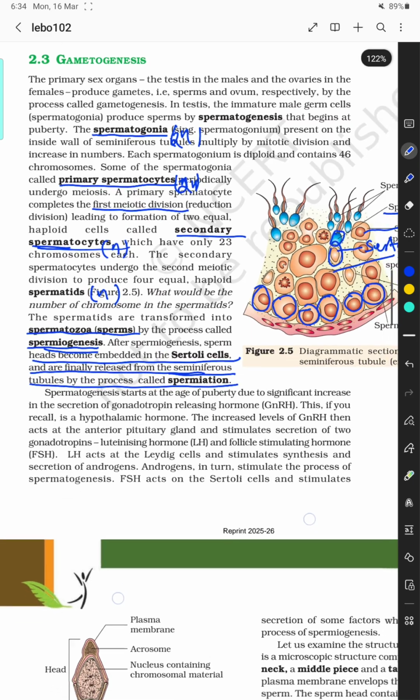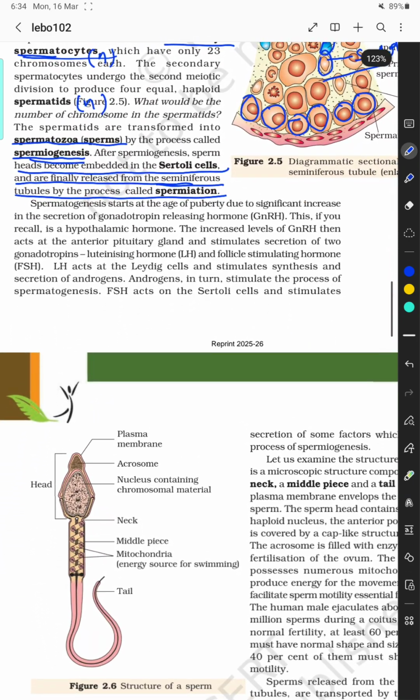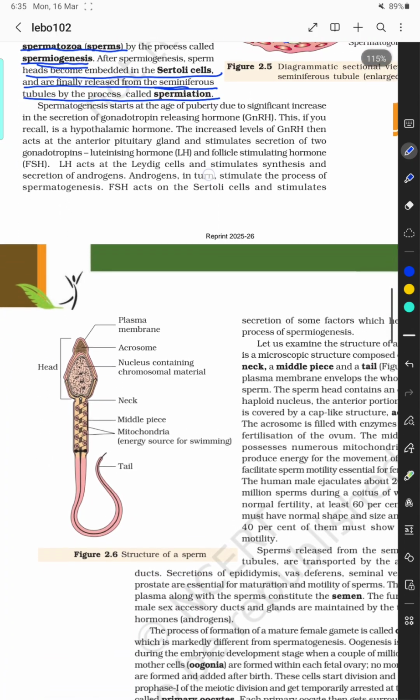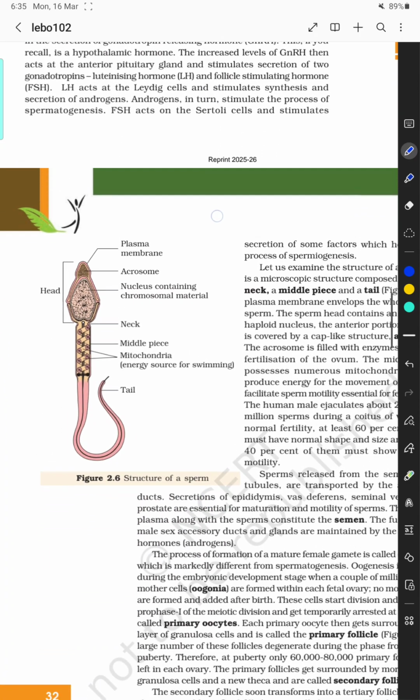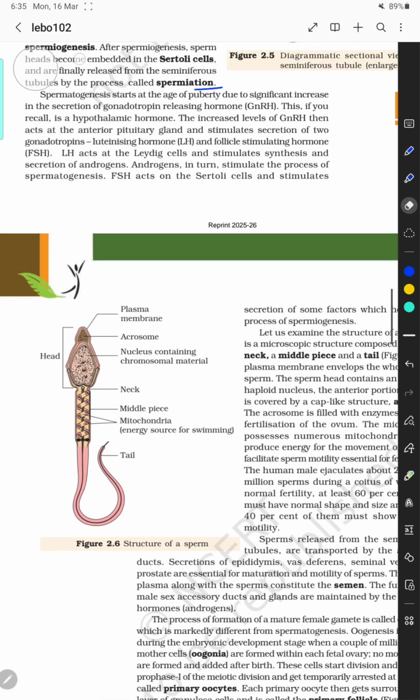Okay, now let us see the hormonal control of spermatogenesis. The spermatogenesis starts at the age of puberty. So how does it start?